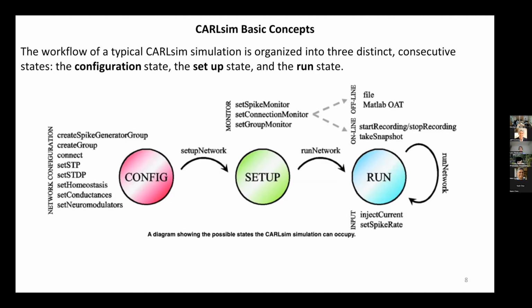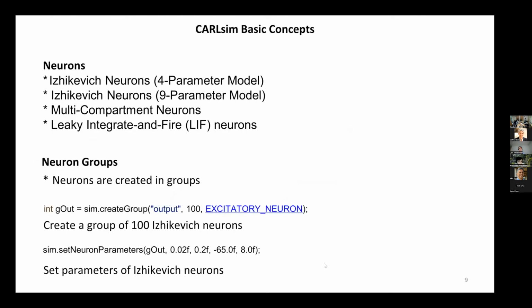And in the setup stage, we are going to assign the memory space, create the neuron groups and assign them on the different devices. And during the run stage, we tell CARLsim how long we are going to run the simulation. Basically, in the run state, we simulate the activity of the spiking neural network. Yeah, we can go to the next slide.